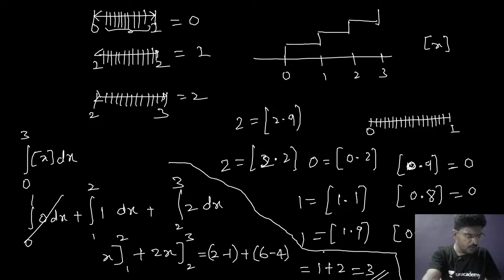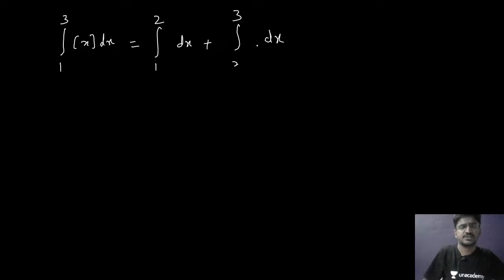I think all of you have understood the integration of the greatest integer function. If you want, you can solve one more, that is from 1 to 3. You directly write 1 to 2 dx plus 2 to 3 dx.